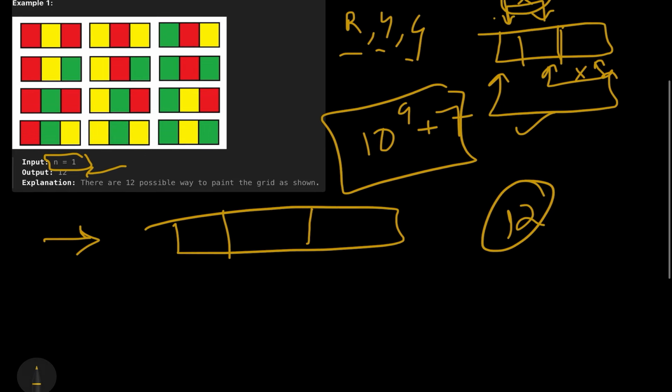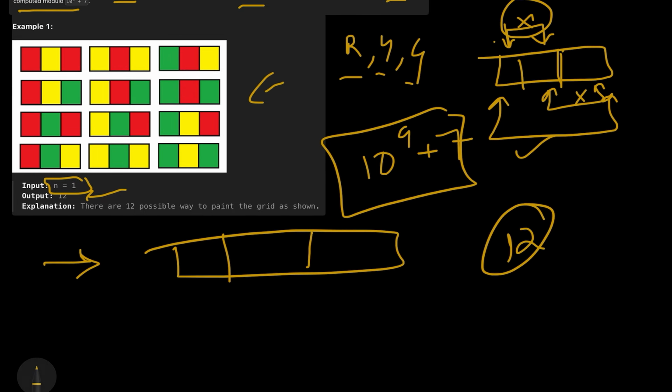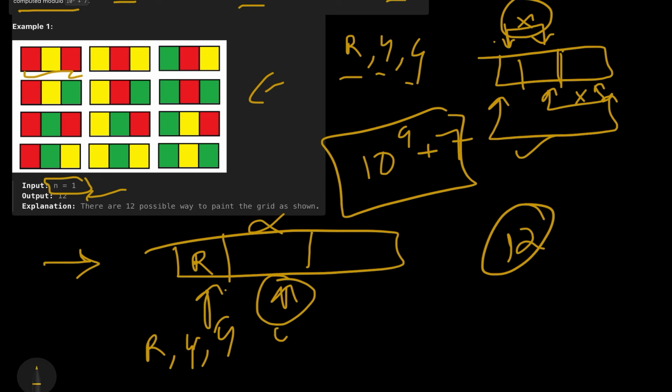Okay, so with the help of this example, we can see that the first cell has three choices. Now the second cell must have two choices. Like this cell has three choices: red, yellow, and green. But for this cell, if we put red here, then this cell can't be red. It will have only two choices, which are yellow and green.